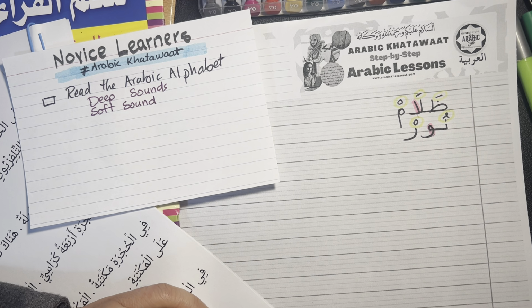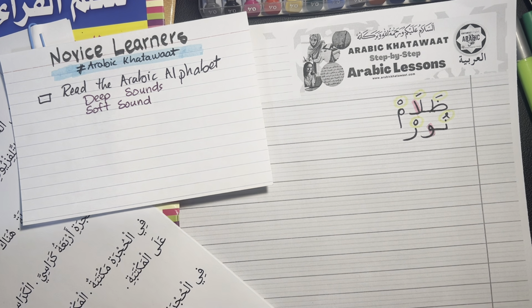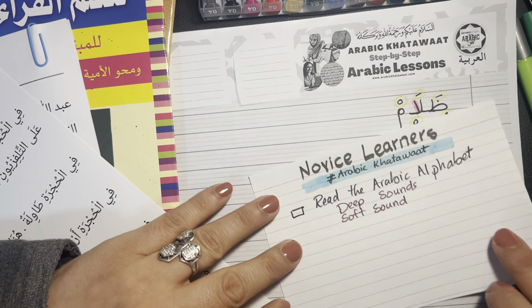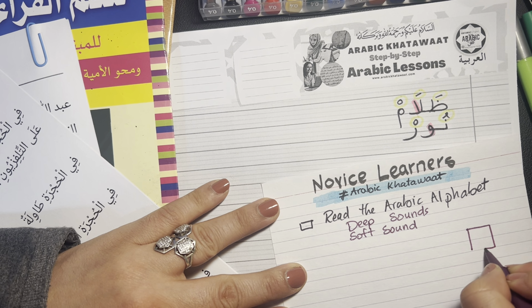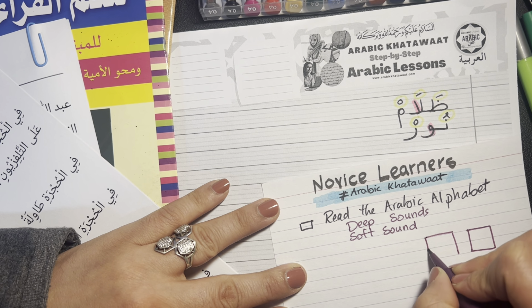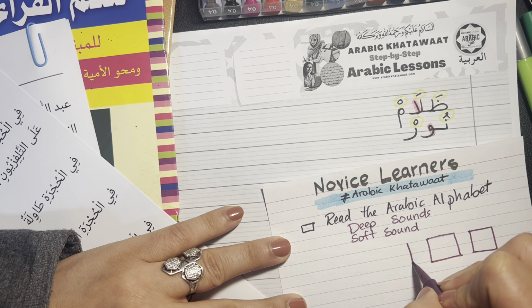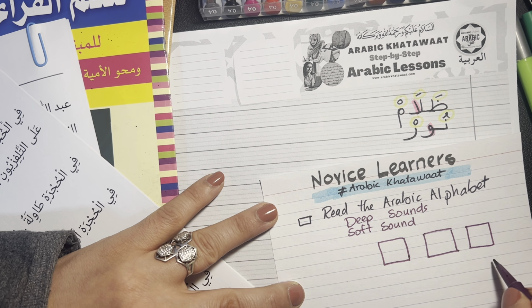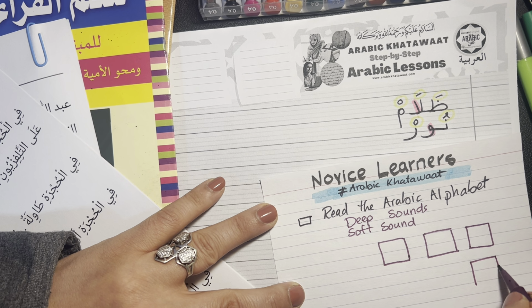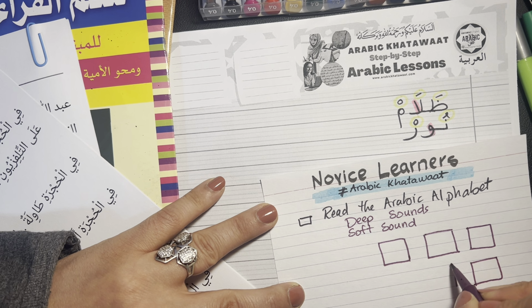So I go with the strategy. I break down the word into syllables like you would do in English. And sometimes you have words that have 2 syllables, words that have 3 syllables.